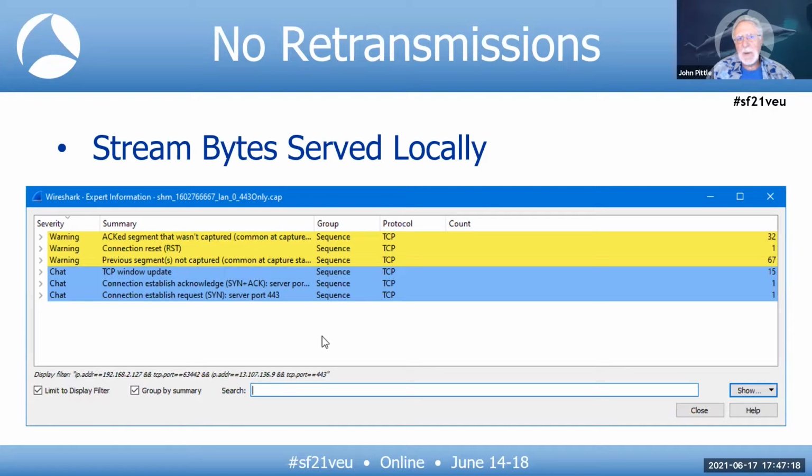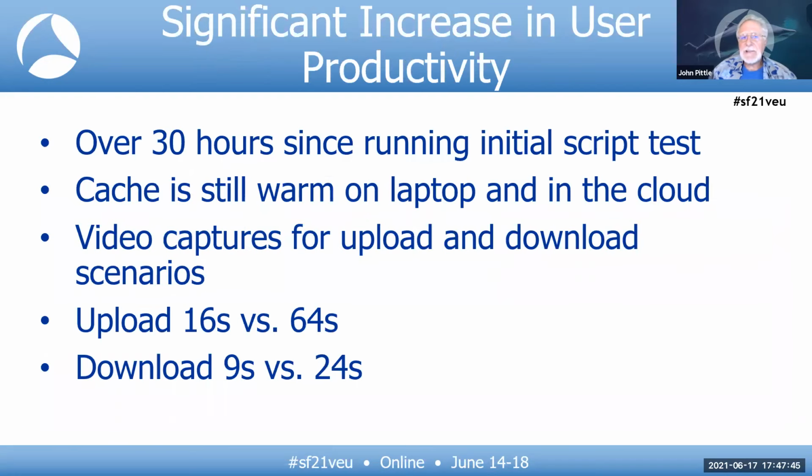So not only did we get the benefit of ACK spoofing and local caching, one of the side benefits is no retransmissions, no retransmit timeouts, no fast retransmissions, no duplicate ACKs. The sender and the receiver don't ever believe there's anything wrong with the network that we need to throttle back. So this is actually a good thing.